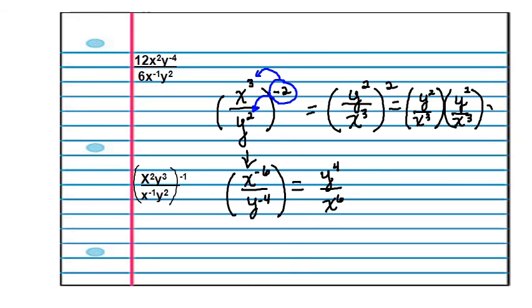And we're still going to end up, by using power rule number 1, with y to the 4th and x to the 6th. And you have become star powerful. Now go out and use some of that exponential power.